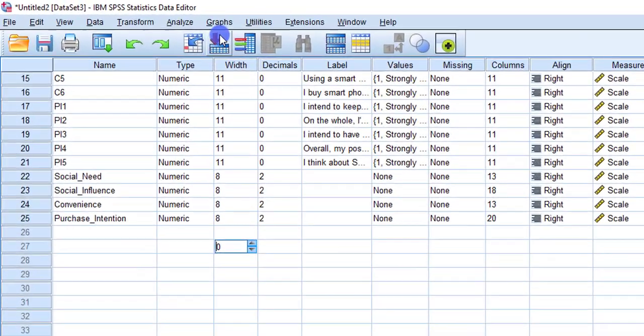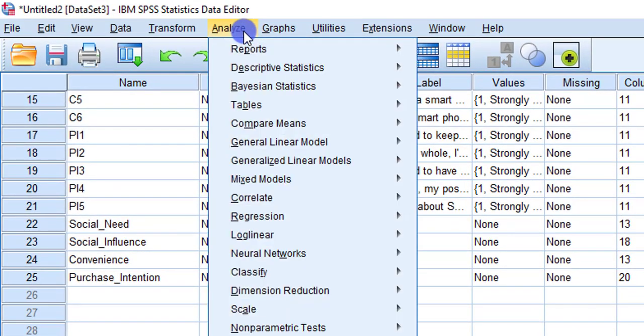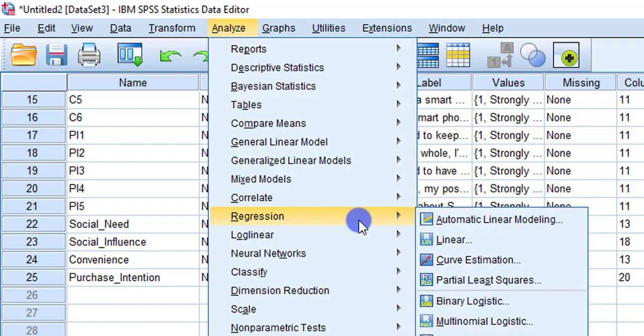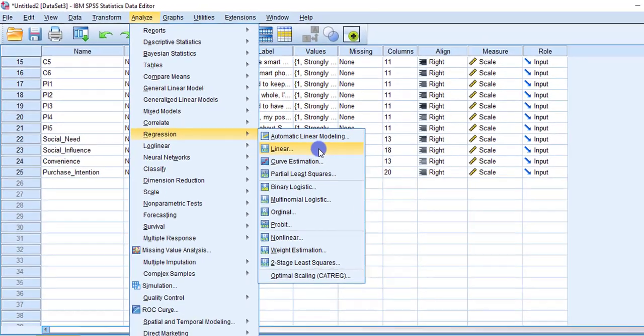In order to apply regression, you have to go to Analyze, and here you can see Regression, and as mentioned, we are going to apply linear regression.